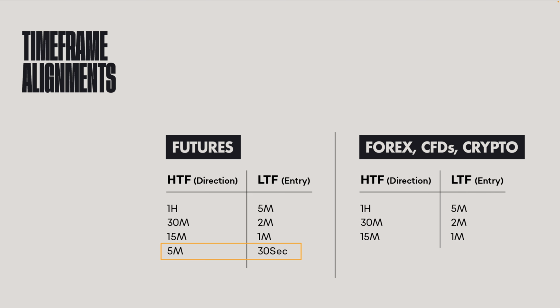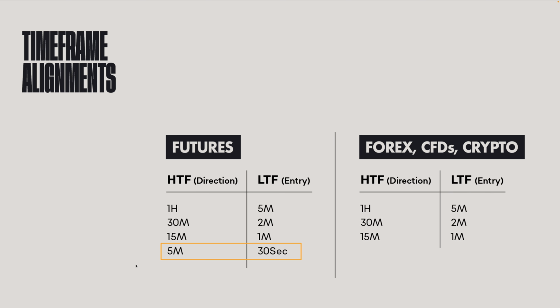Myself, I trade futures and I trade it on the lower time frames. So I use the 5-minute as my higher time frame and I use the 30 seconds as my entry time frame. So throughout this video, I will be using these two time frame alignments.